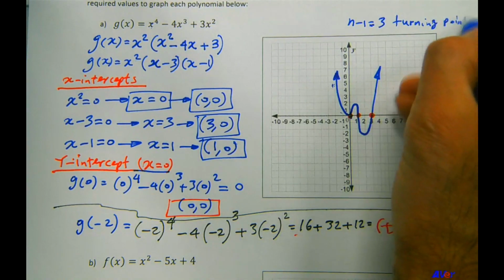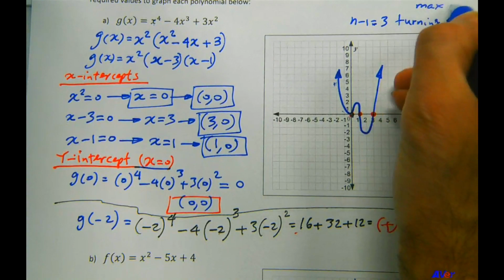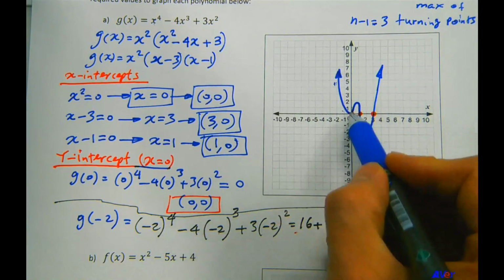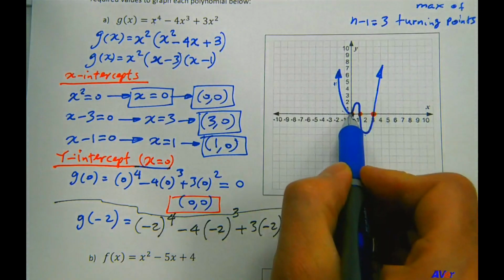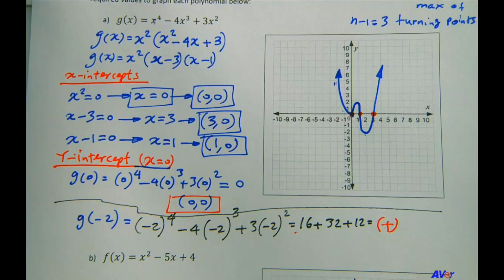Maximum. Not that we would have this many turning points, but the maximum is 3. So do we have 3 turning points? Yes. 1, 2, 3. Right? So this one is a relative minimum, relative maximum, relative minimum again. That's what turning points are.